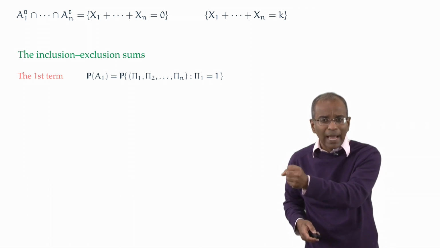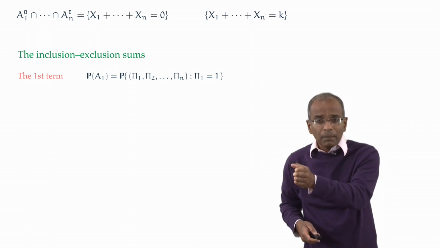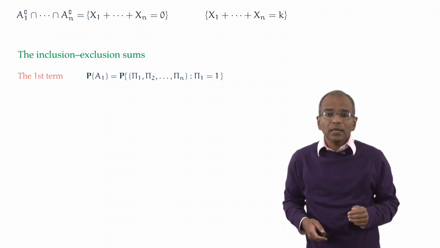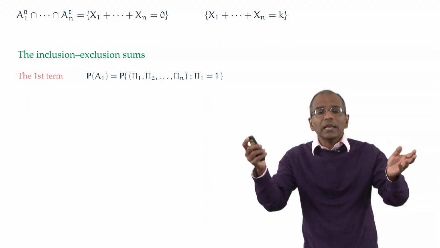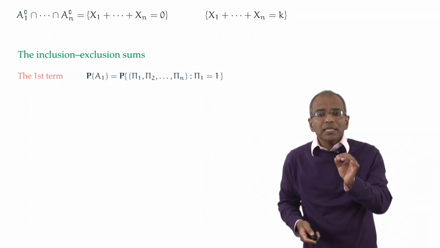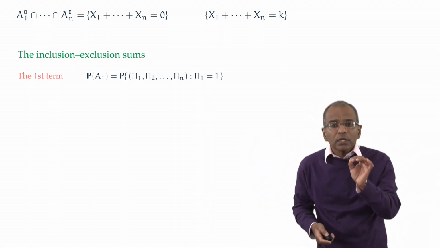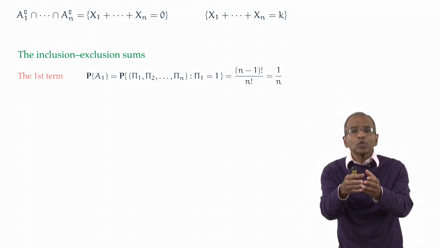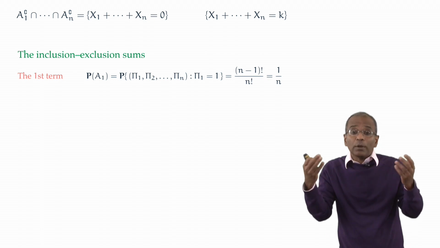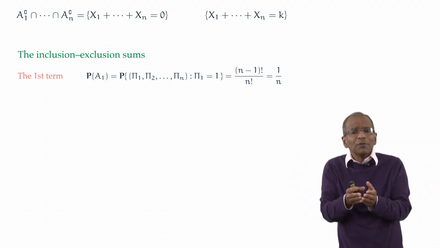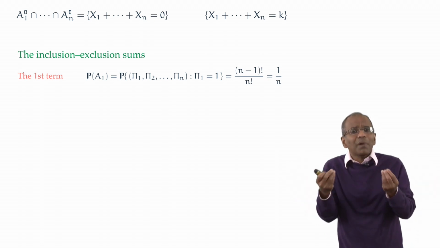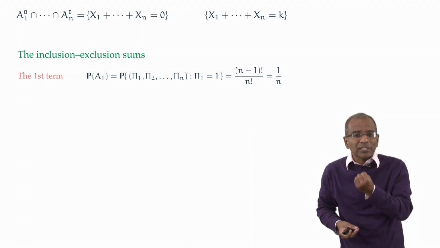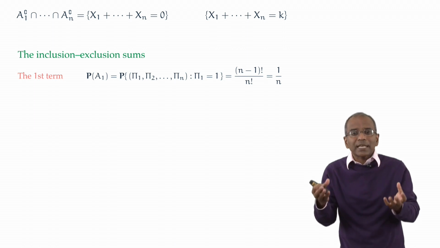The first hat goes back to its owner. But then you have n-1 remaining hats to allocate, and they can be allocated willy-nilly. And so there are exactly (n-1) factorial sample points in the event A1, out of a total of n factorial sample points. We have a combinatorial setting, and therefore the ratio works out, as it must, to 1 over n. The first individual has a chance 1 over n of getting his hat back.